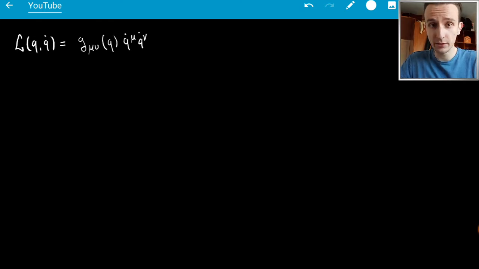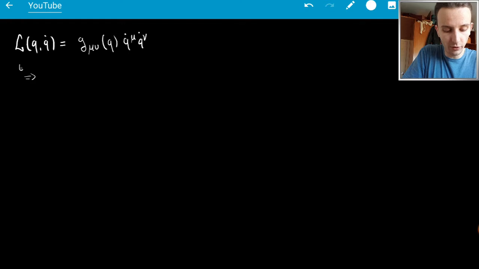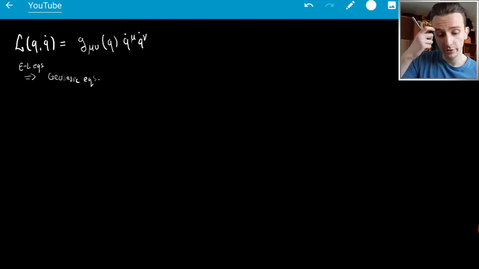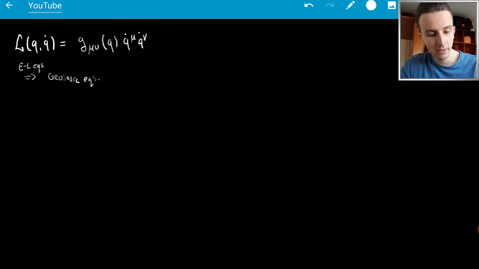If we plug that Lagrangian into the Euler-Lagrange equations, we saw that we get the geodesic equations. And I showed you an example when g mu nu was just the Minkowski metric, I think. Or maybe I did it just for the regular Euclidean metric, Riemannian, whatever.